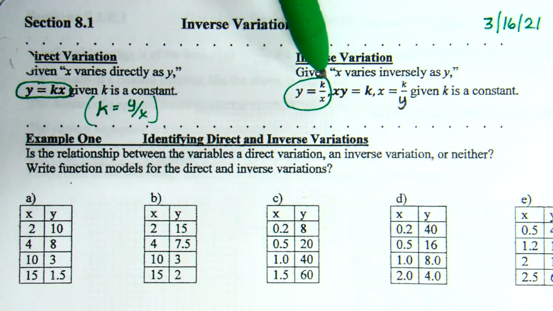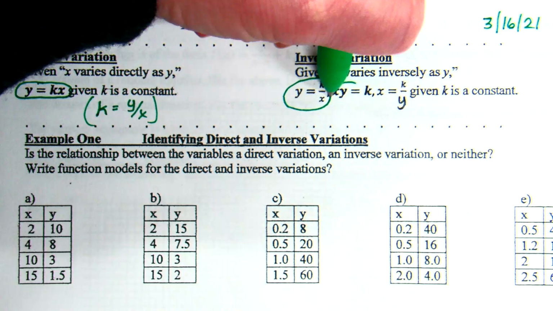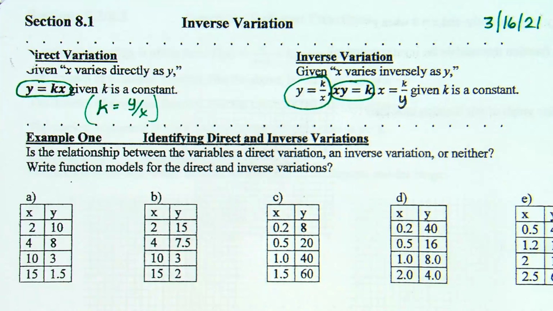Now, the other one that you would commonly use is if we solve this for k. If it's k divided by x, in order to solve this for k, you would multiply the x over, and then it becomes k equals x times y. That is the other common one you'll use. Okay, so those would be the two I would focus on.